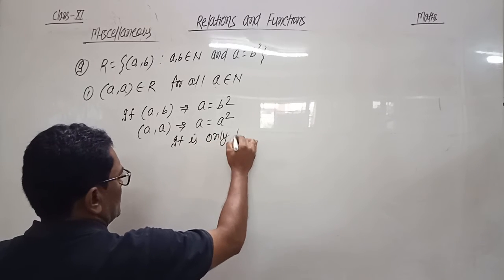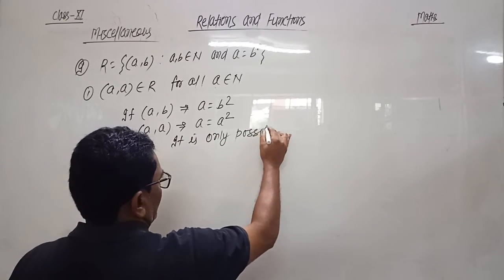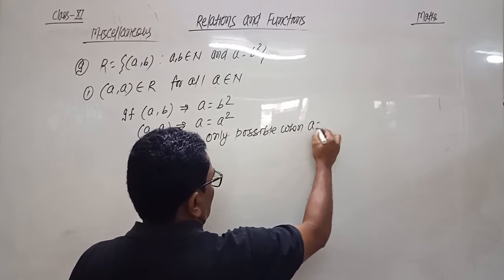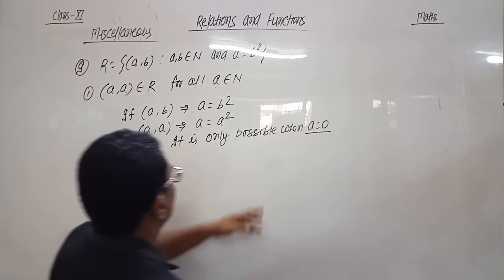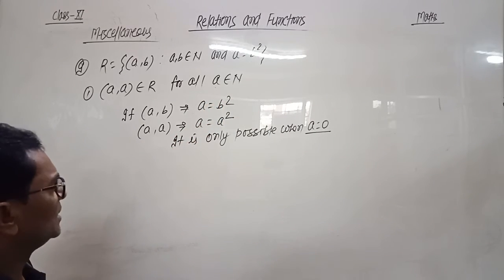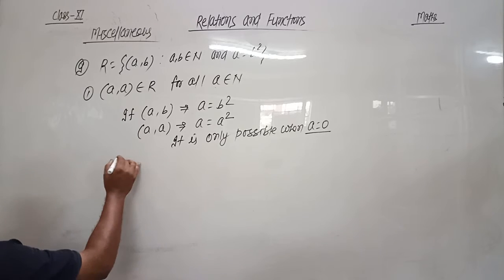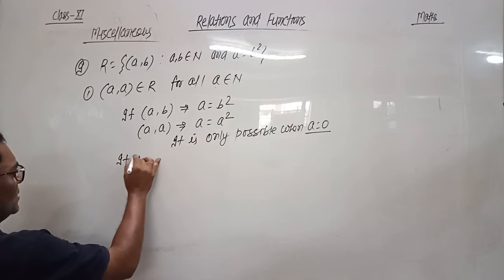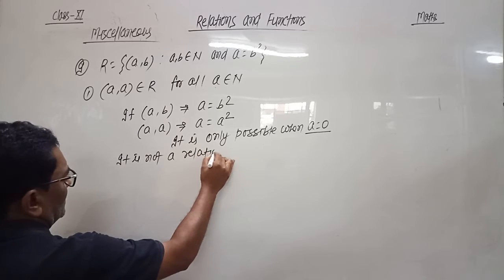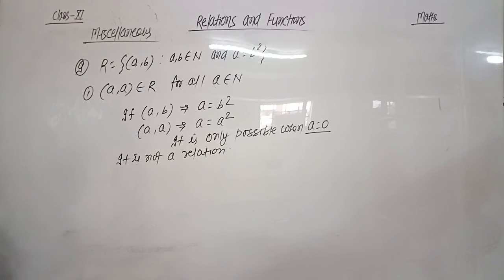It is only possible when A equals to 0. But A belongs to natural number and 0 is not a natural number. So it is not a relation.